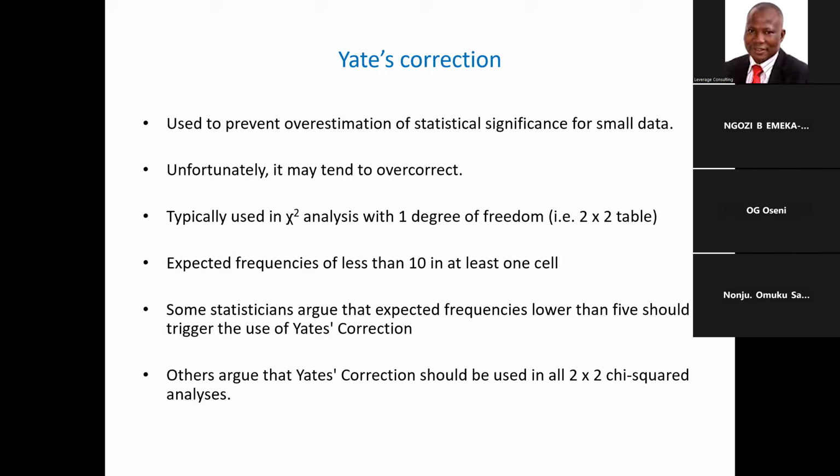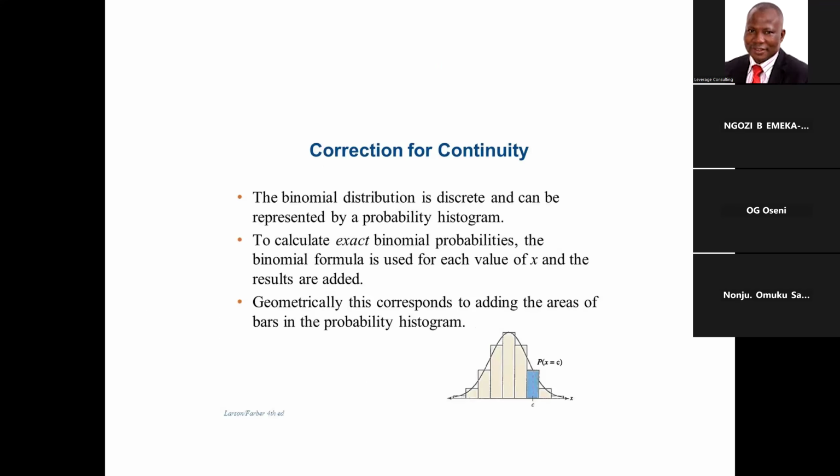Others argue that Yates correction should be used in all 2 by 2 chi-square analysis. To me, I don't believe you should not bother with Yates correction, although some people have criticized it. It was proposed by Professor Yates, and the logic behind it is this.